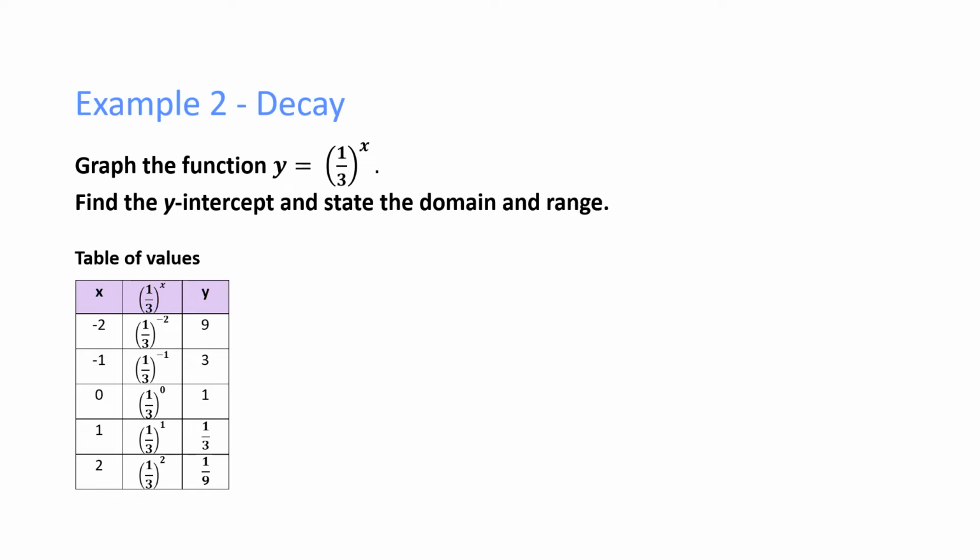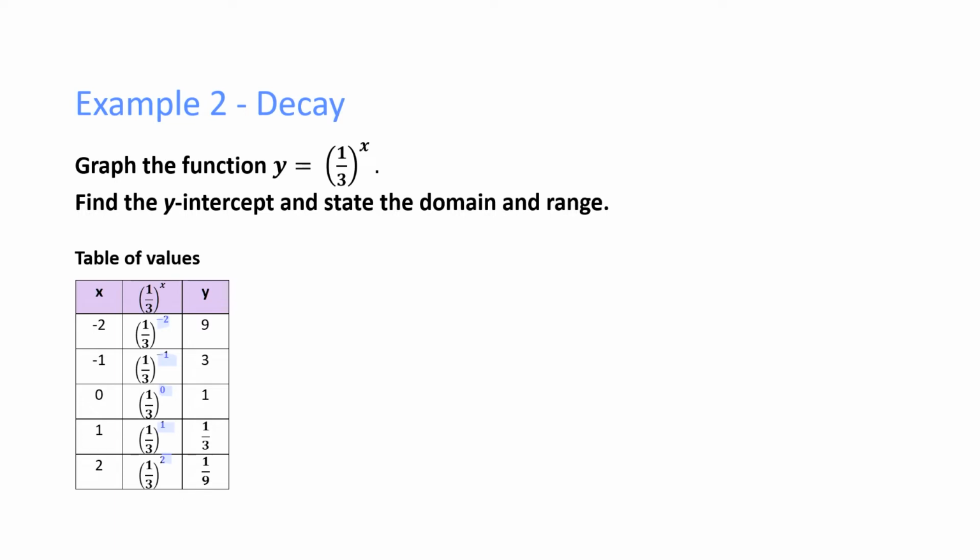We'll substitute the values of x into the equation, 1/3 to the power of x, so 1/3 to the power of -2, -1, 0, 1, and 2. What will happen in this example is that 1/3 to the power of -2 is actually 9.